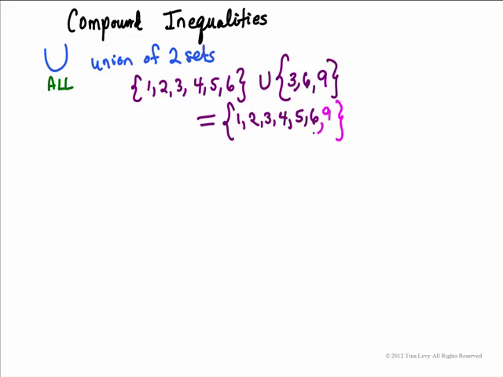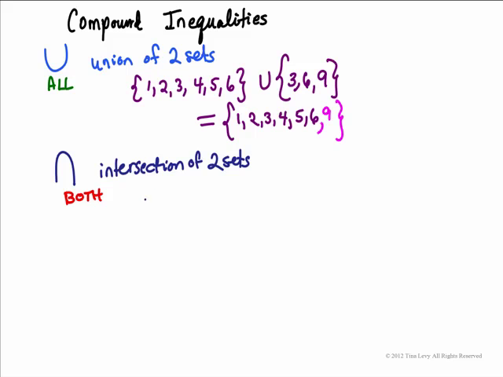The other concept for compound inequalities is what we call intersection. This is the intersection of two sets. The word we think of for intersection is the word both. It is going to be the elements that are in both, or common to both, of the sets.